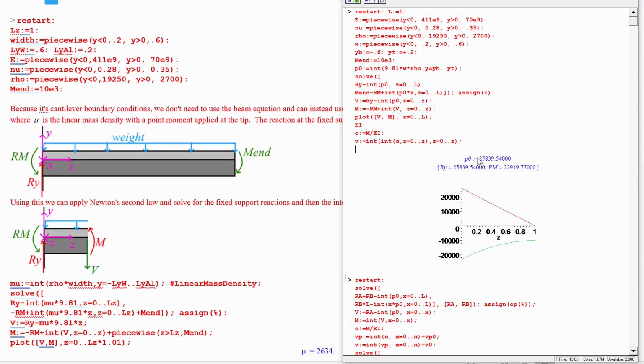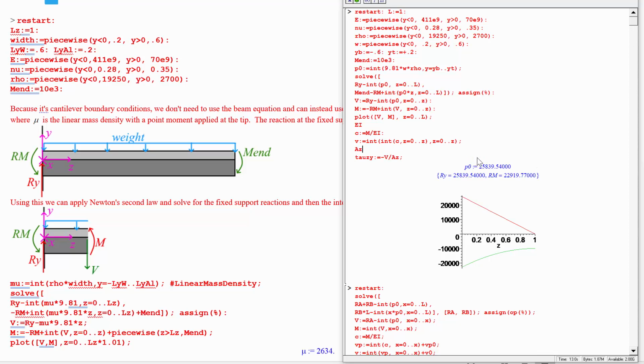We're going to say that the shear stress, tau zy, is equal to negative V divided by the cross-sectional area, AZ. So we'll need to figure out what AZ is, right? So AZ, we'll work that out.